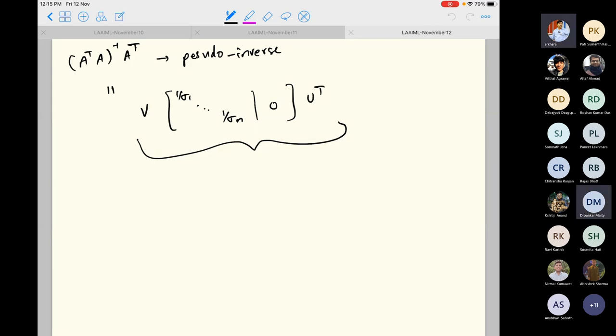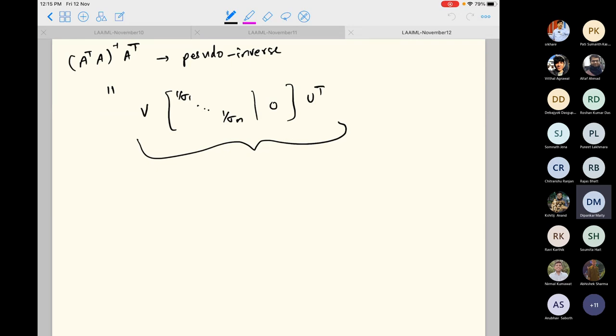But sir, it is arbitrary, but we cannot find sigma(n+1), they are all zero anyway. Those singular values are anyway zero. 1 by 0 is not defined, sir. Because of the un, if I write 1 by sigma n something, this is not defined.